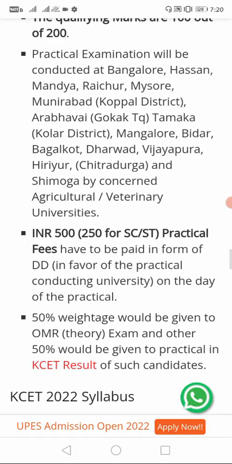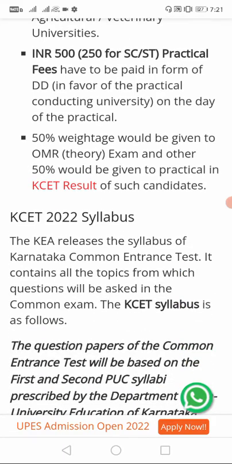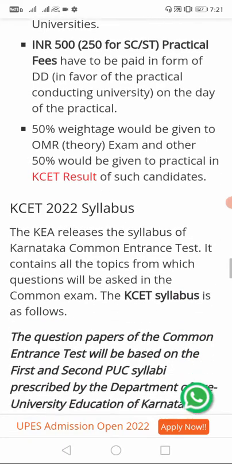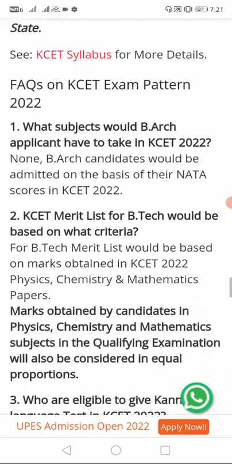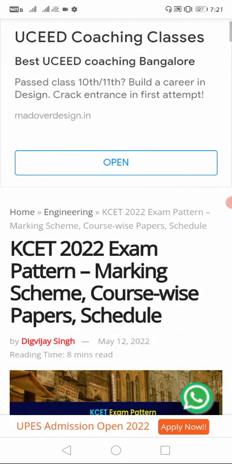So under these mentioned places only. So here for the fees you should pay 500 rupees, and 250 for SC/ST. So 50% weightage would be given to the OMR theory exam and the other 50% would be given to the practical in the KCET results for such candidates. Okay, so this is about the exam pattern, how it is going to be, and the marking scheme, course wise papers and schedule.